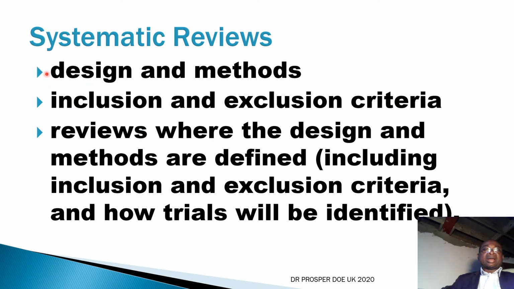The design and methods in a systematic review are defined in advance, including the inclusion and exclusion criteria, and how trials will be identified.